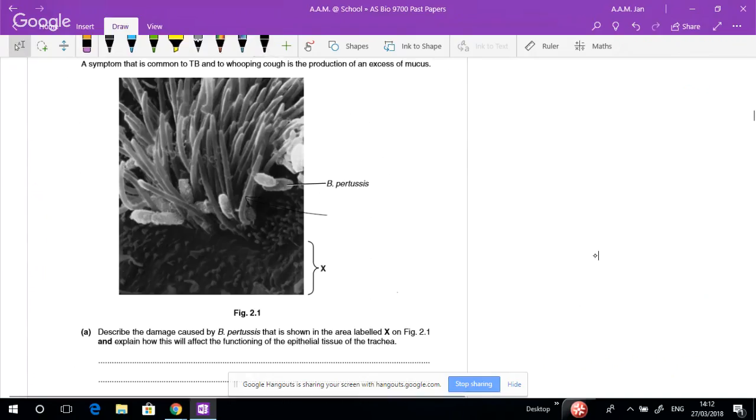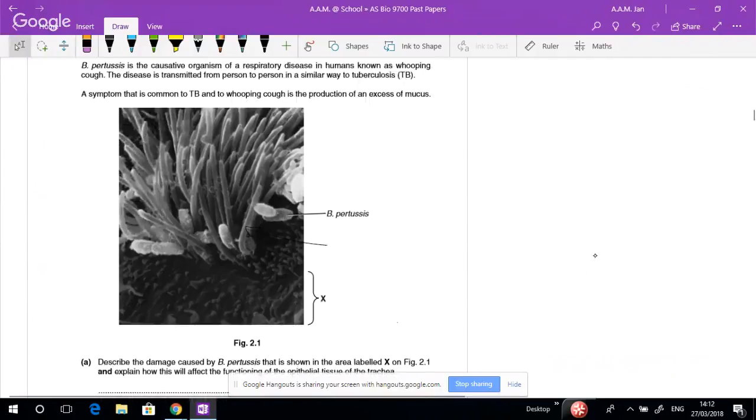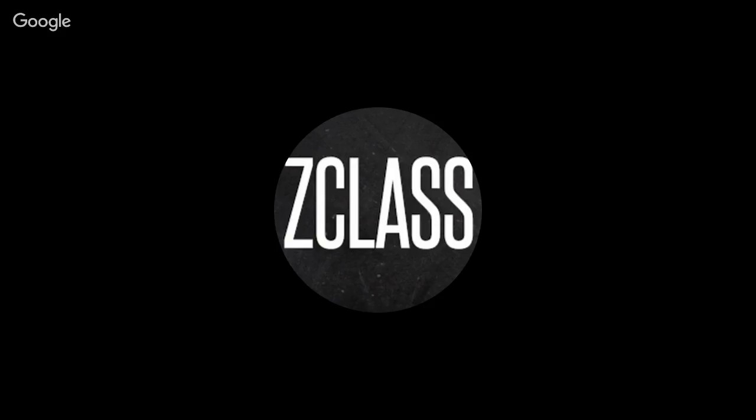So can you guess what kind of damage is being caused by the pertussis? Well, in the area labeled X, you can see that there's no presence of cilia. So the bacterium has decomposed or destroyed the cilia of the epithelial tissue.